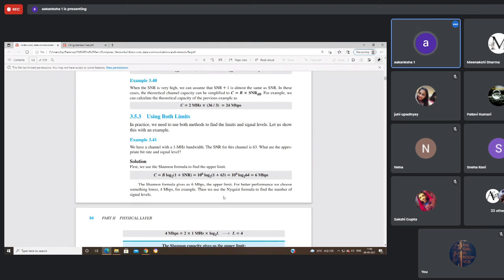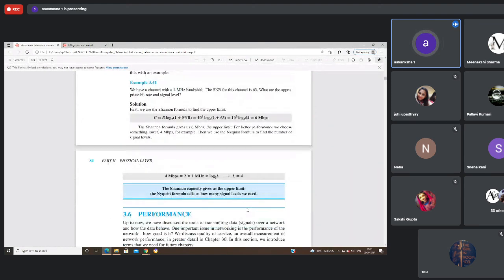So this is the upper limit. For best performance, we choose something lower, that is 4 Mbps. Then we use the Nyquist formula to find the number of signal levels. So for 4 Mbps, we use 2 into 1 megahertz, the bandwidth of the channel, into log 2 of L. Given all these quantities, we can compute L as 4.